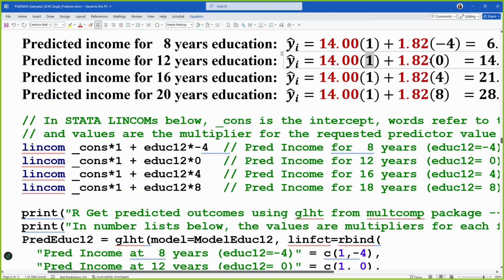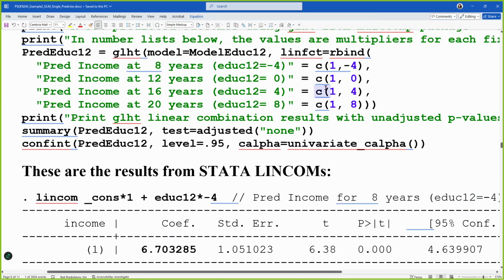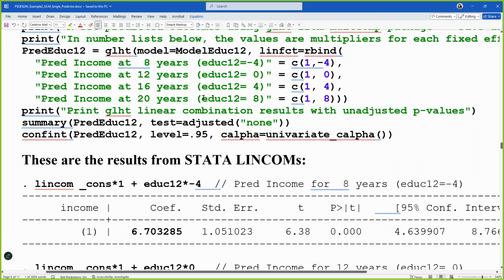They're the multipliers. So the 1 means give me an intercept. The -4 means give me a slope and give it to me for somebody with an education of 8.